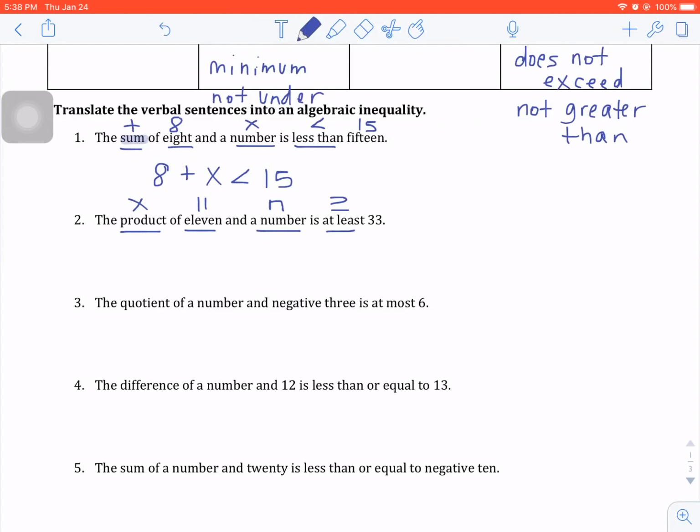So when we translate this to an inequality, I'm going to give you just a second to try to write it. See if you can write it yourself.